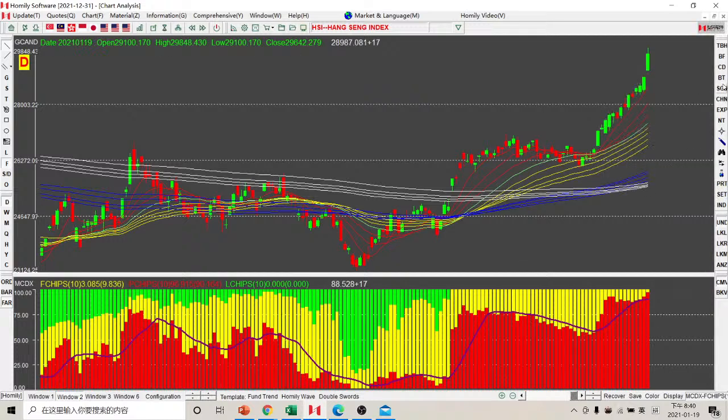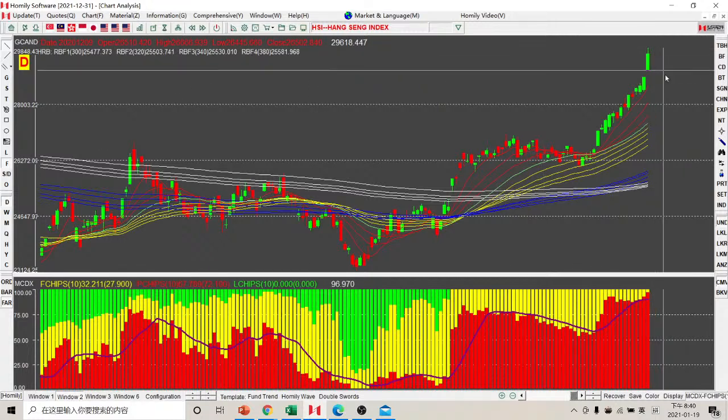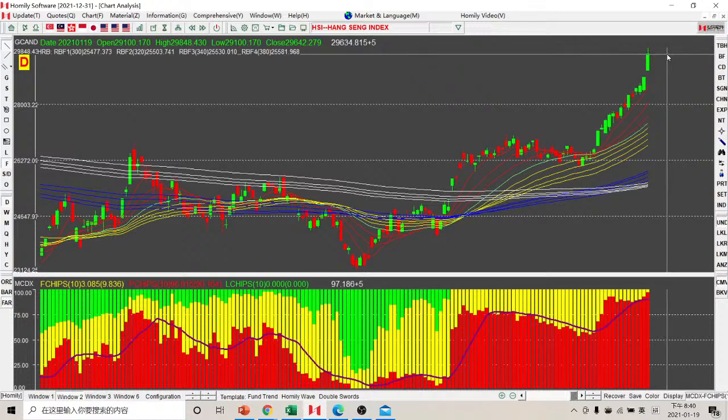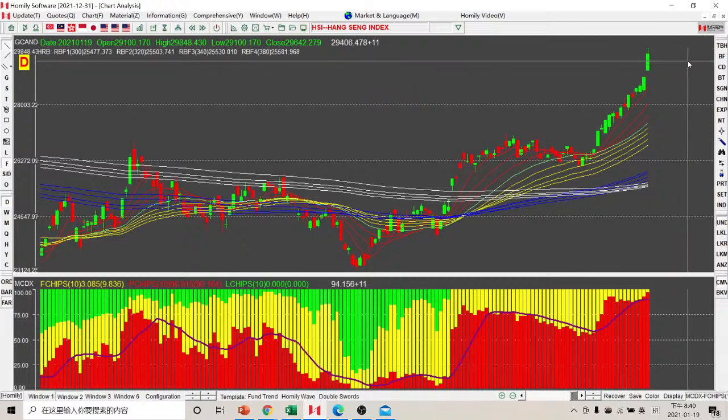So you see how strong the individual shares are. It will continue. Okay, today it gapped up with a big rise, but the close pulled back a bit. So most likely in the next few days it will continue to hit new highs or have some pullback.